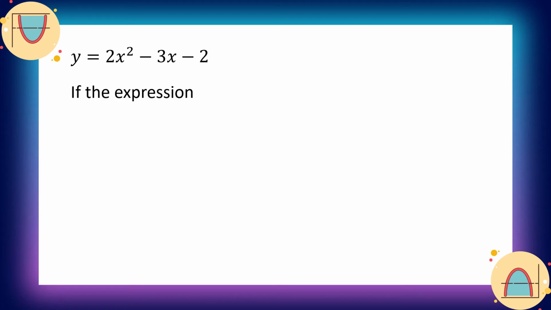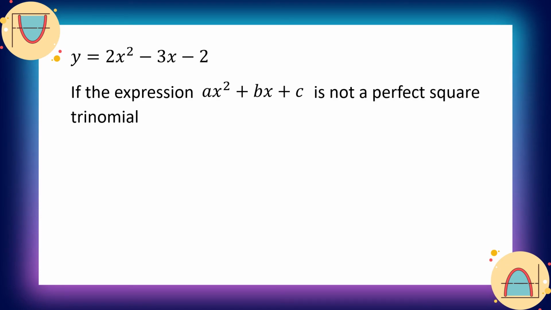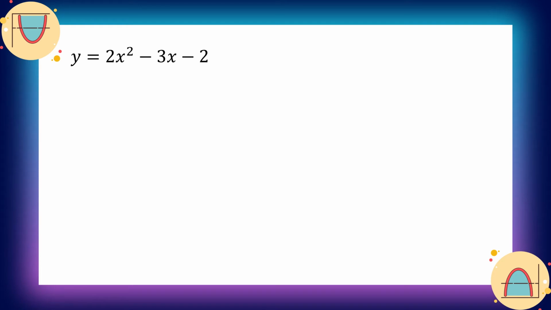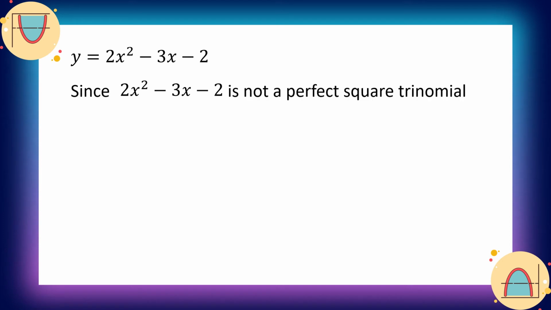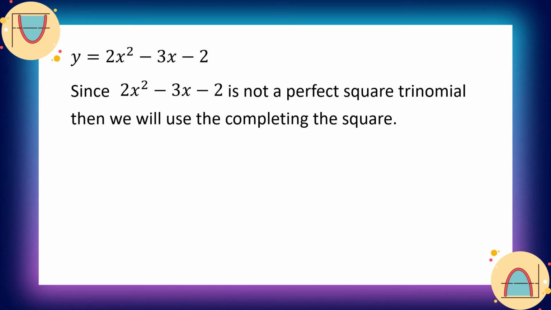If the expression ax squared plus bx plus c is not a perfect square trinomial, then use completing the square. Since 2x squared minus 3x minus 2 is not a perfect square trinomial, we will use completing the square.